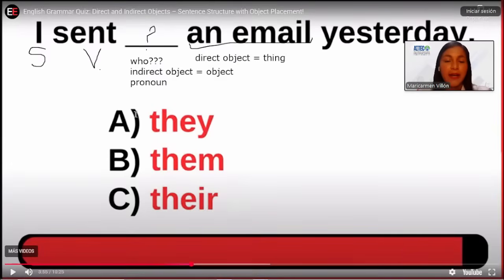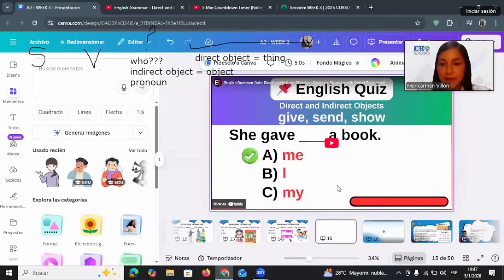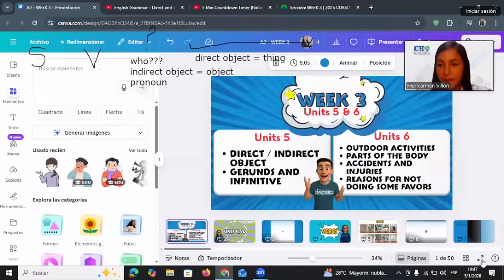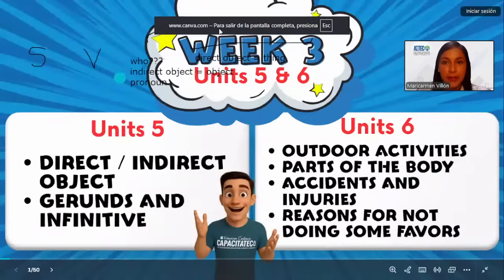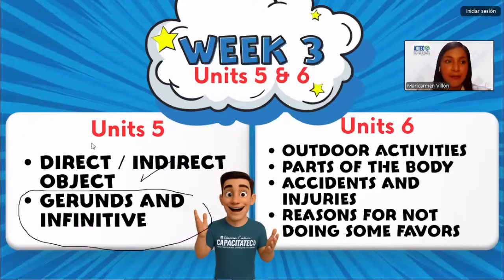Yes, very good. Excellent. Okay, so we have finished with direct and indirect objects, right? So let's take a look up. There, let's take a look here. And remember, we had direct and indirect objects as first topic. Now, let's move on to the next one, gerunds and infinitives, right?